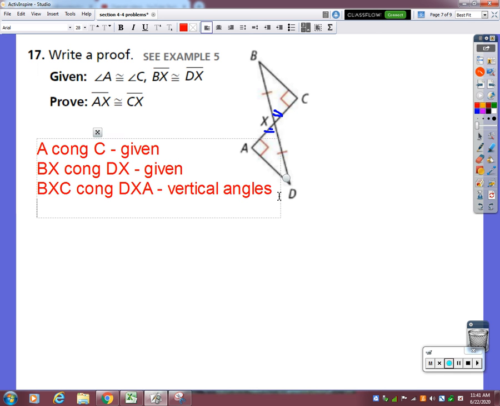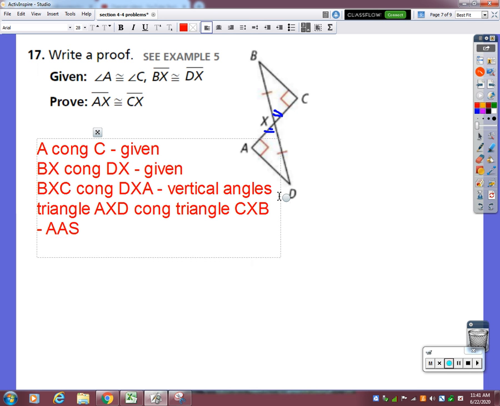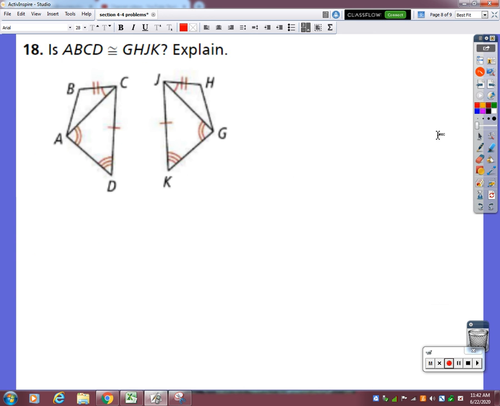Okay, so now I know that triangle AXB is congruent to triangle CXD, and that would be by angle angle side. And therefore, AX is congruent to CX by CPCTC. Corresponding parts of congruent triangles are congruent. Please not another proof. Okay.